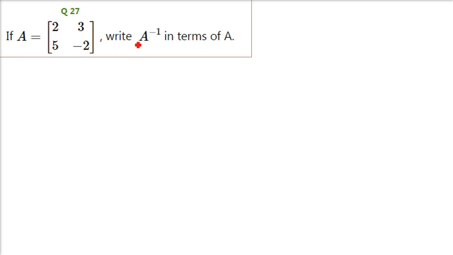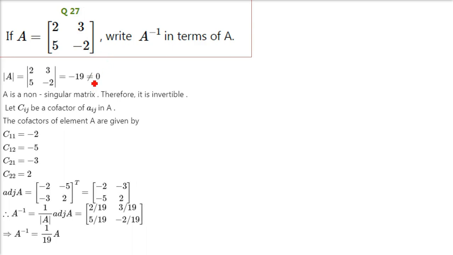Now write A inverse in terms of A, because A is already given and we can easily find the adjoint of A, then we can find the determinant of A, and in turn we can find A inverse. The determinant is 2 into minus 2 minus 5 into 3. So minus 4 minus 15, if you add, is going to be negative 19.